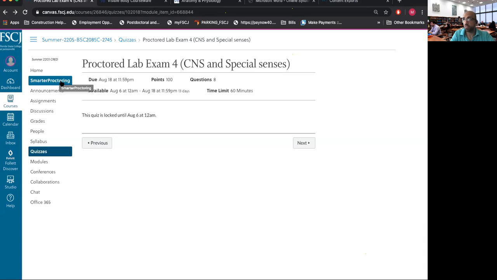When we get closer to the due date for the syllabus quiz, I will show you how to access it through Smarter Proctoring. I will also post an announcement about the technical requirements and how to operate Smarter Proctoring. Have you used Smarter Proctoring before? How many of you did use Smarter Proctoring before?